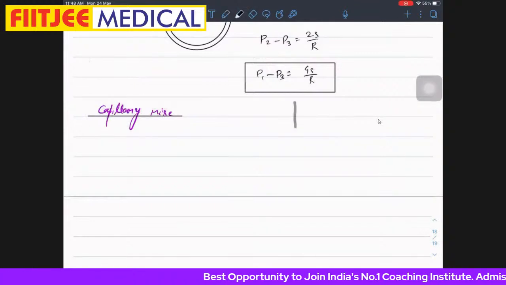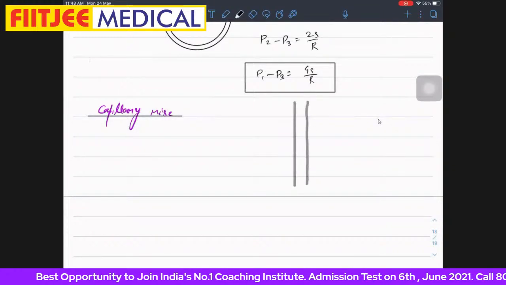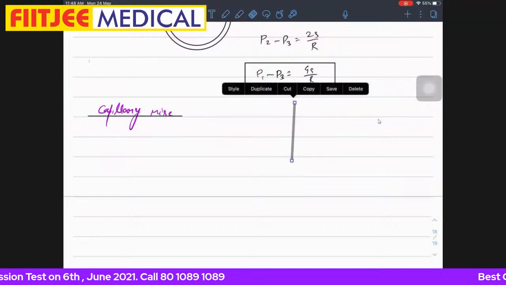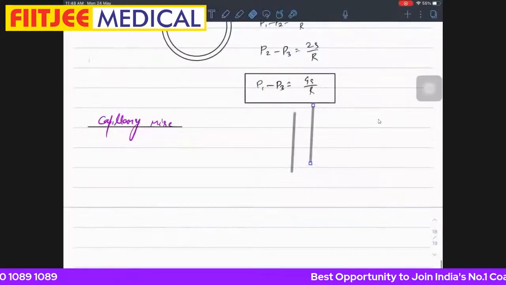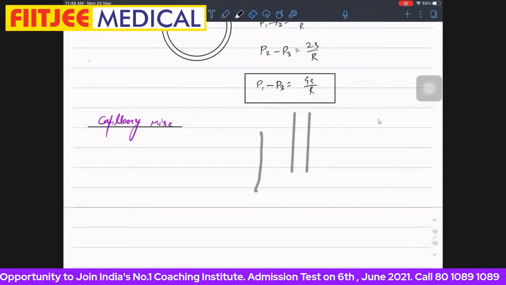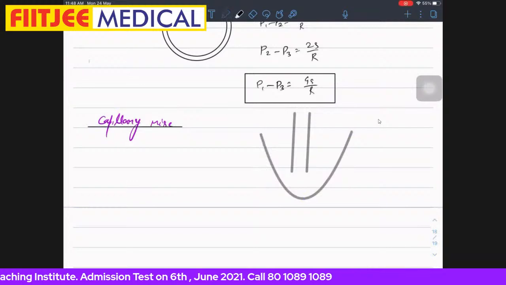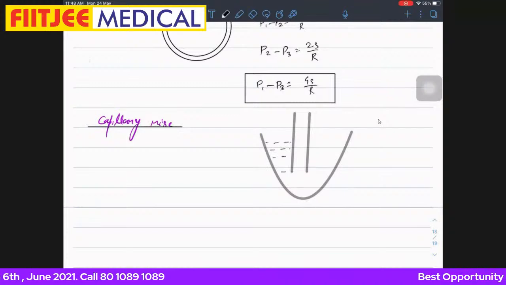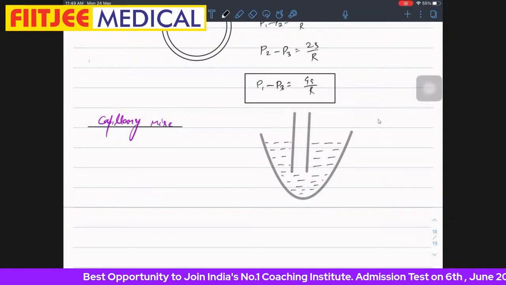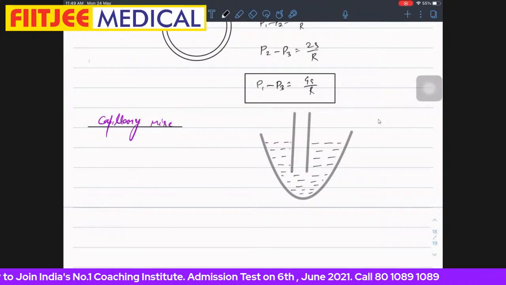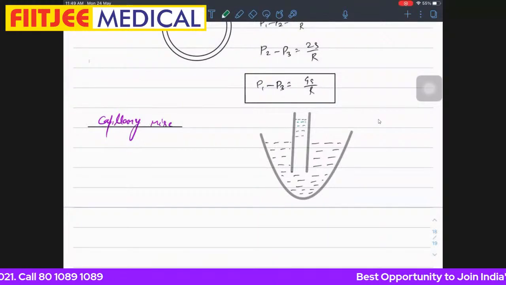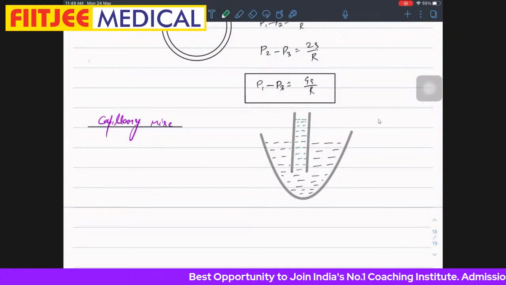See, if any container is there in which water was there, and in this container you keep a very small tube, a tube having a very small radius, you'll observe that this liquid has gone up to a certain height. So this is called capillary rise.